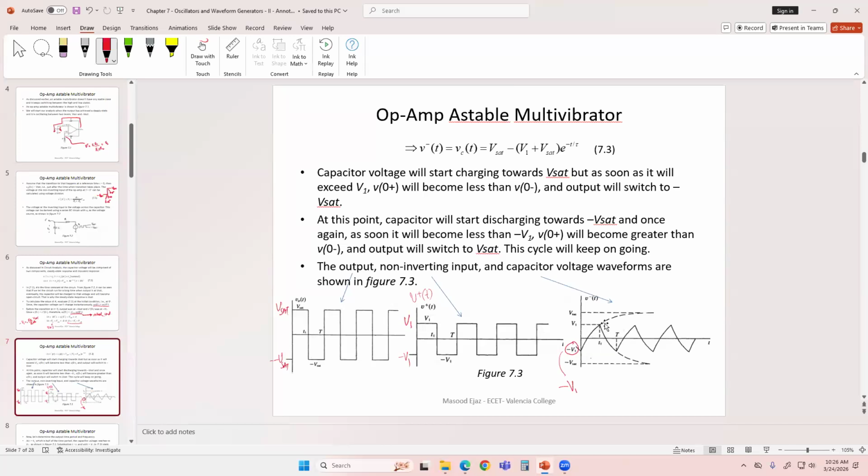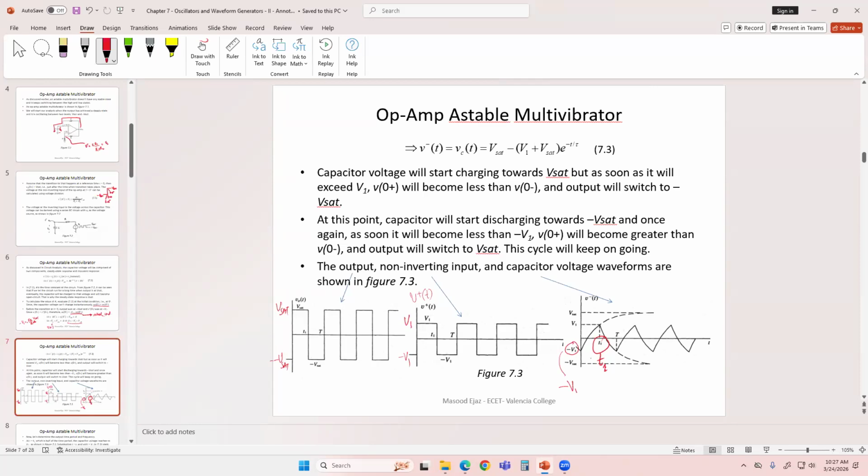As soon as it hits V1 and exceeds a little bit, and we are calling this time T1, then the output voltage is going to switch from VSET to negative VSET. V positive is going to switch from V1 to negative V1. And then the capacitor starts discharging from V1 in the opposite direction, that is negative V1.